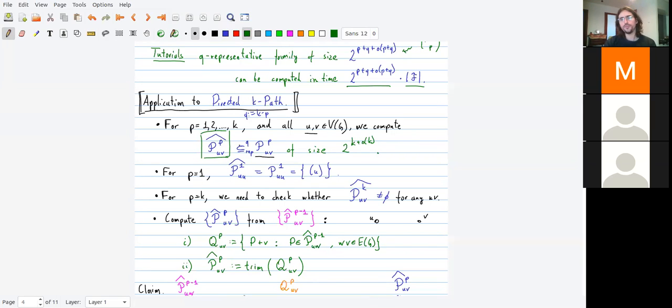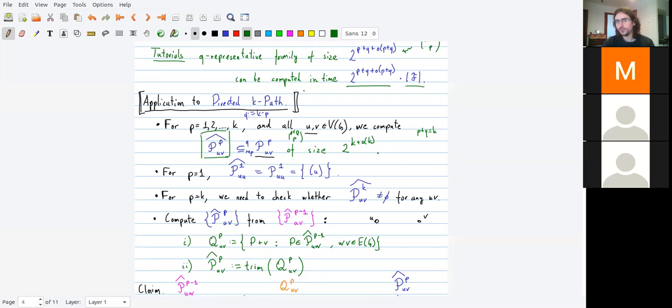Which will be a q-representative family of paths of length p between u and v. And by whatever we did before, we know that there is always such a family of size p plus q choose p, where p plus q, recall, is equal to k.